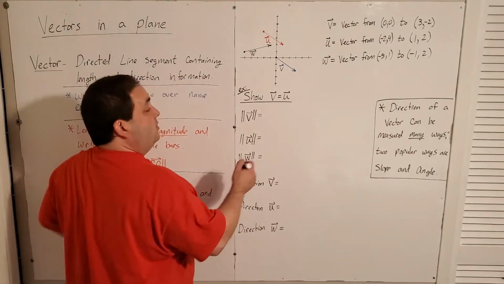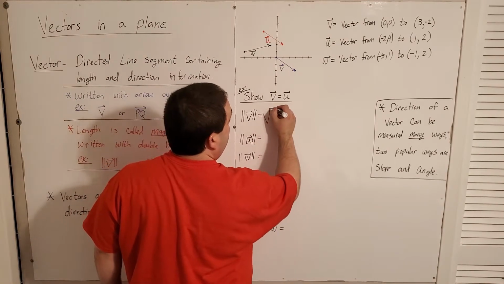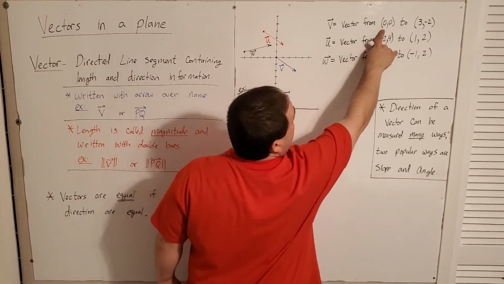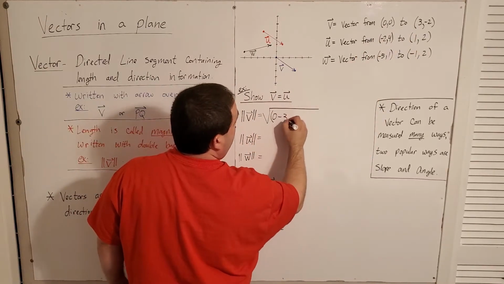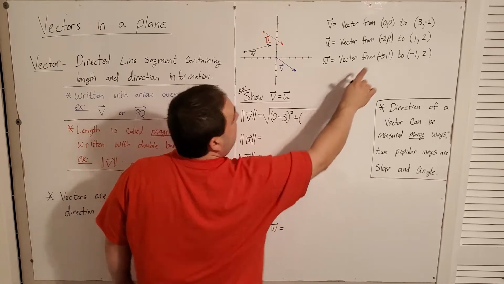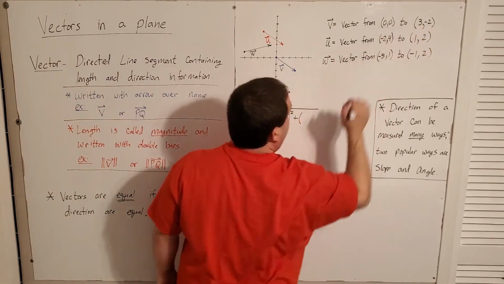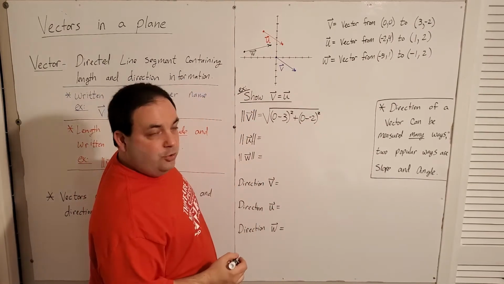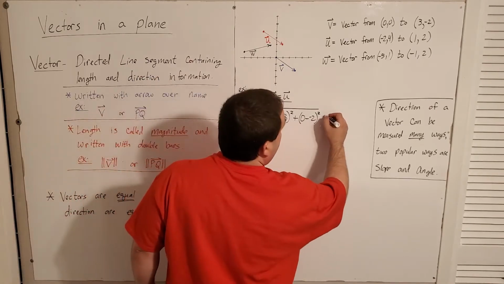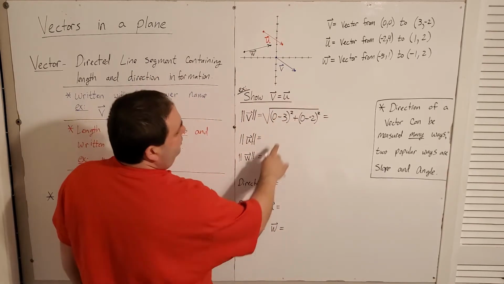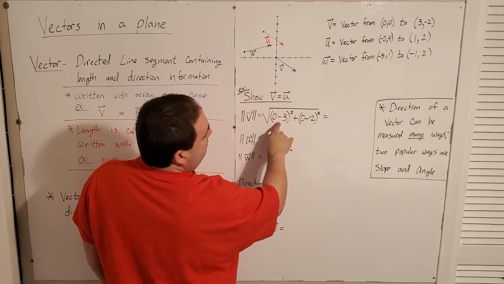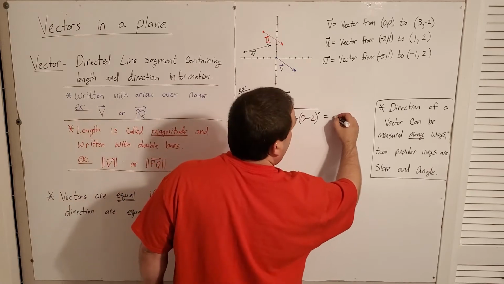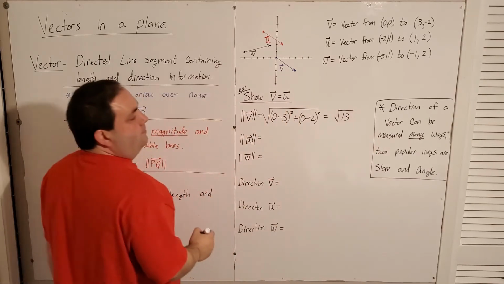I'll be doing the square root of (0 minus 3) squared plus (0 minus -2) squared. That's all it is. And that is going to be equal to 3 squared is 9, 2 squared is 4, and 9 plus 4 is the square root of 13.